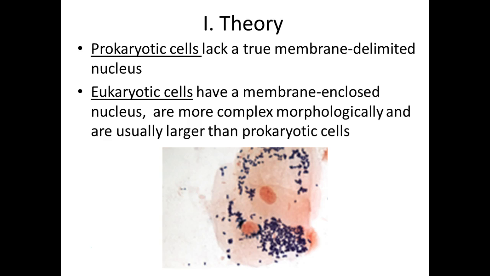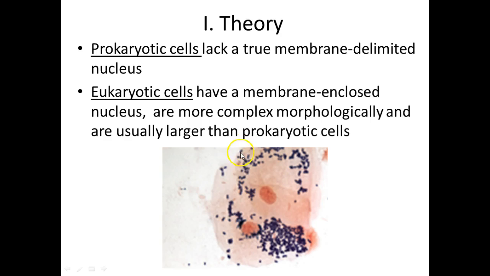So again, we have two cell types that we talk about when we talk about cells. We have prokaryotic, which lack a nucleus. Eukaryote, which actually means true kernel. So that nucleus in the center looked like a kernel inside the cell, and that's how they got their name. For this picture here, you have a scraping that was taken from the gum line of an individual, and it was stained using the Gram stain.